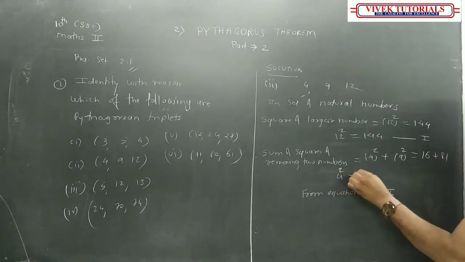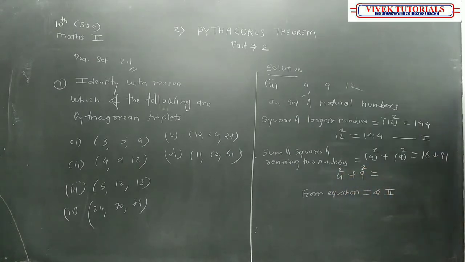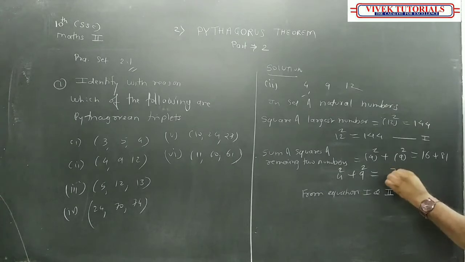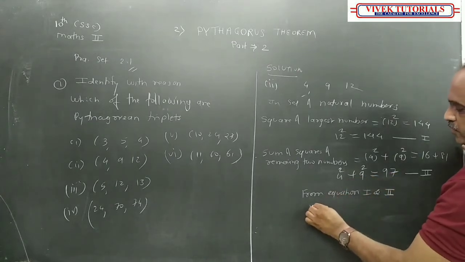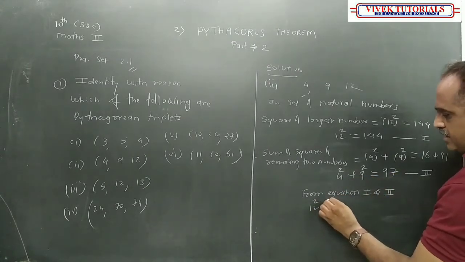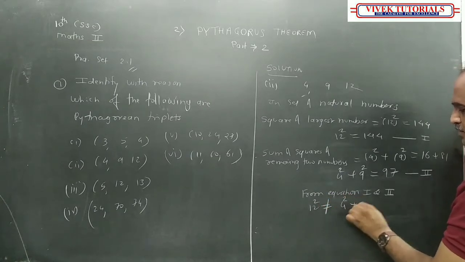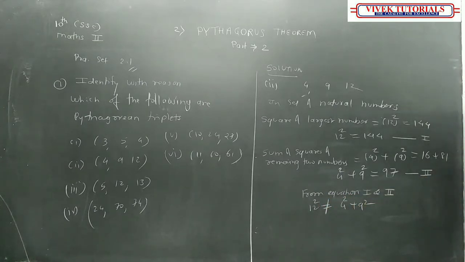So 4 square plus 9 square is equal to 97, equation 2. So what I can write then? 12 square is not equal to 4 square plus 9 square.